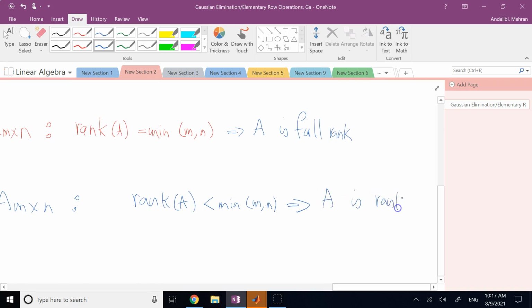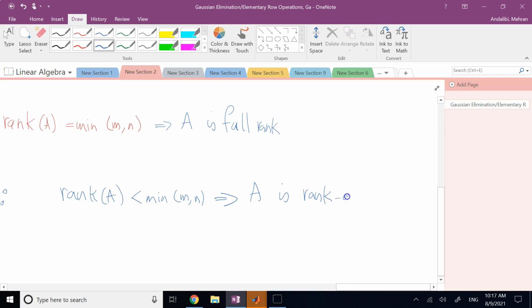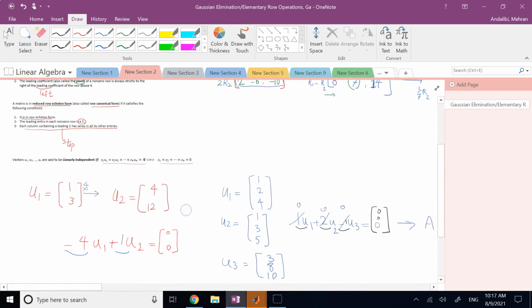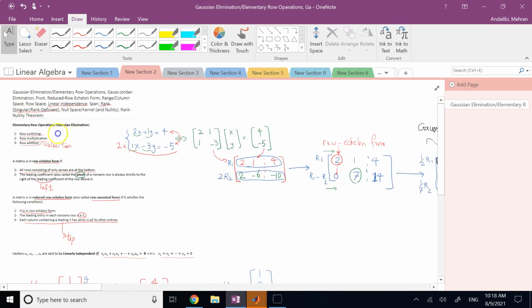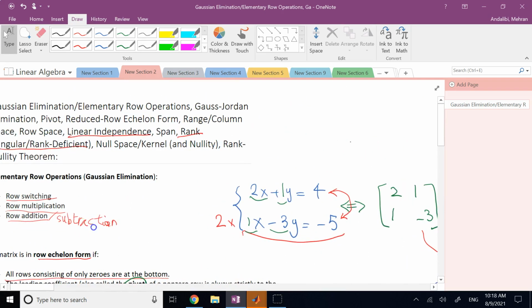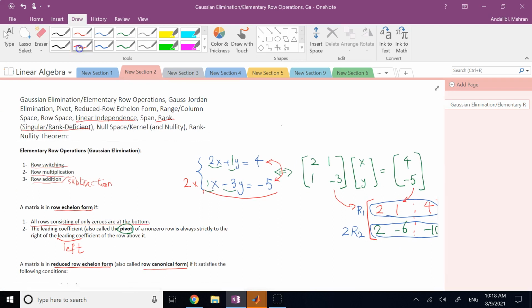Is rank deficient, or singular. Okay, so that's the meaning of a matrix that does not have all possible linearly independent rows or columns. We call it rank deficient or singular. Okay, so I explained the notion of rank deficient and or singular for you. Good.